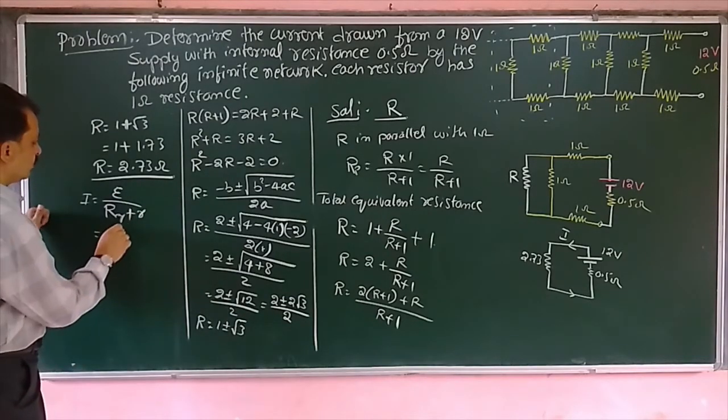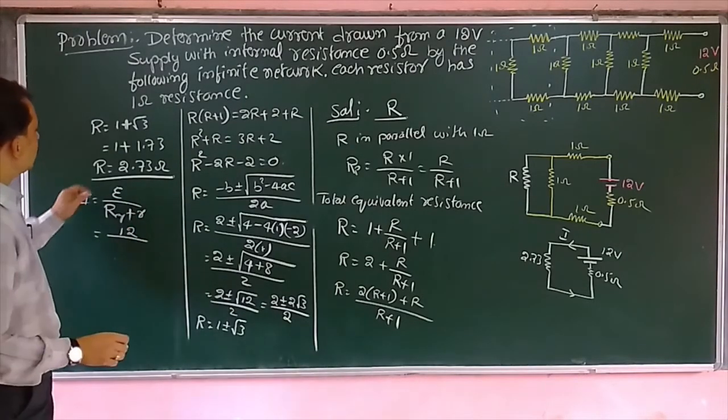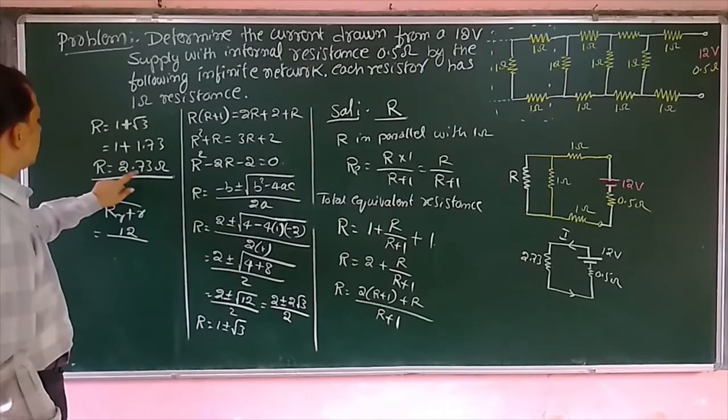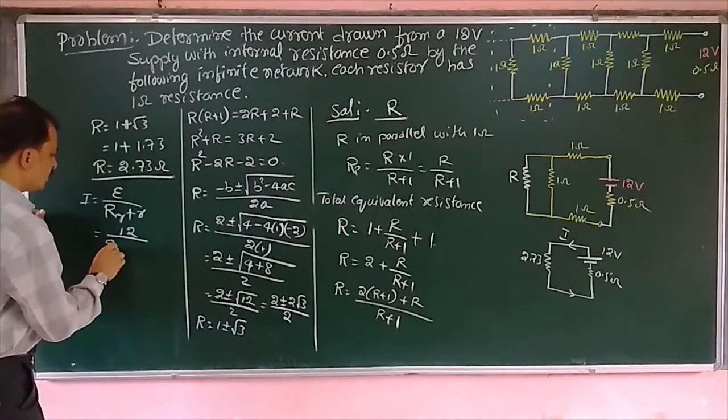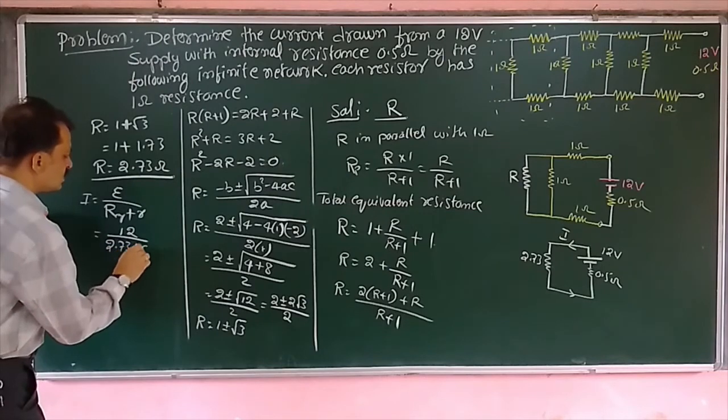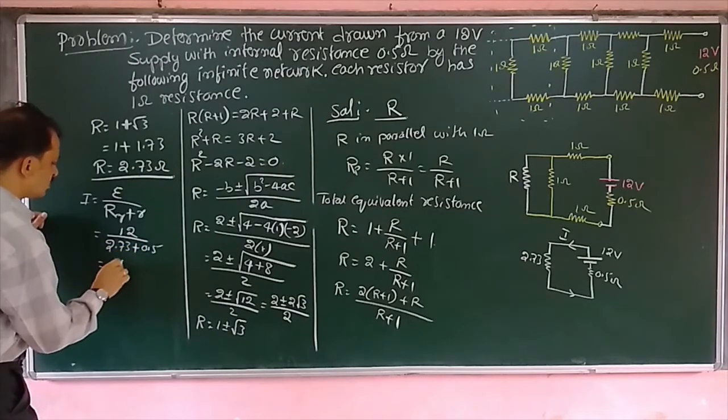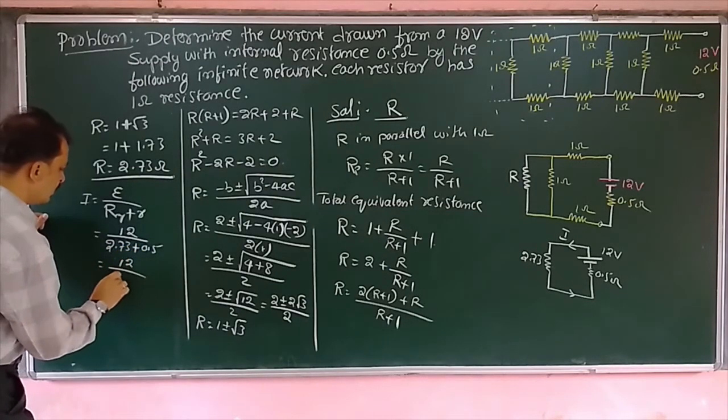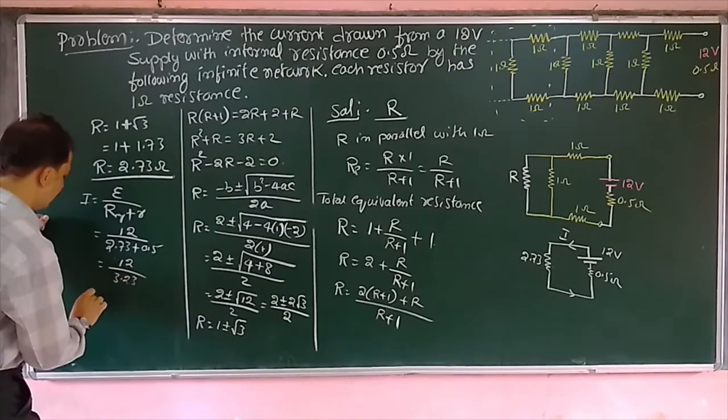Now that is equal to EMF 12 divided by R equivalent, that we have calculated, 2.73 plus 0.5, that is equal to 12 divided by 3.23.